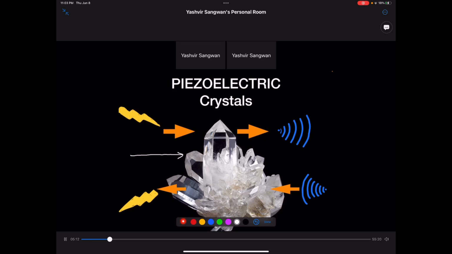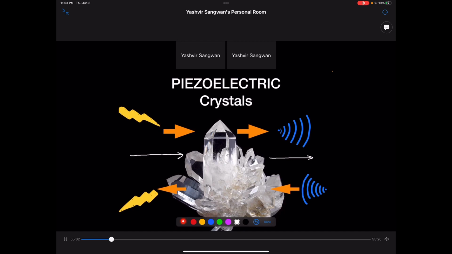And that change of shape creates a pressure wave of sound that goes from the crystal in all directions, but the probe has a damper behind, a reflector behind, so the sounds all come out in front of the probe.